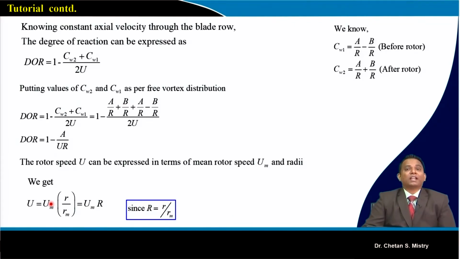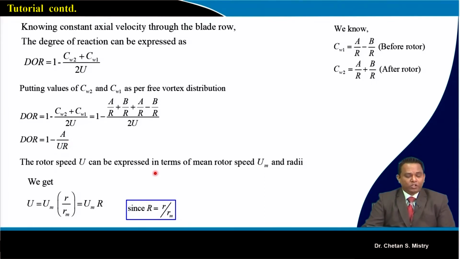Next, we calculate the degree of reaction. We can rewrite the degree of reaction as 1 minus (Cw2 plus Cw1) divided by 2U. In this equation, we write Cw1 and Cw2 as A by R minus B by R and A by R plus B by R. Putting this together, the degree of reaction is 1 minus A by UR.